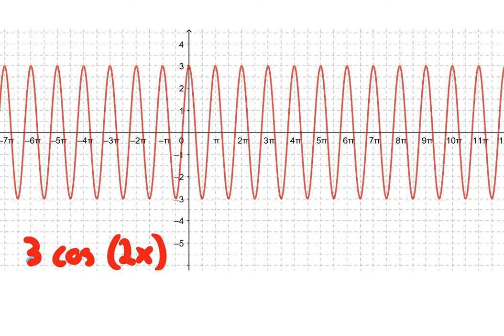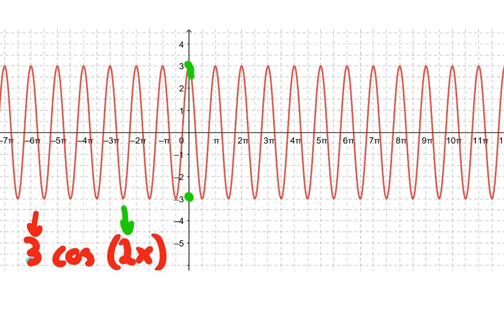And then the last one, the graph of, let's say, 3 cos 2x, where we're looking at cos. Notice it's the 3 here that ensures the range goes between 3 and minus 3. And this 2 here ensures that the period, which was 360 for cos x, now is divided by 2, so it's 180.